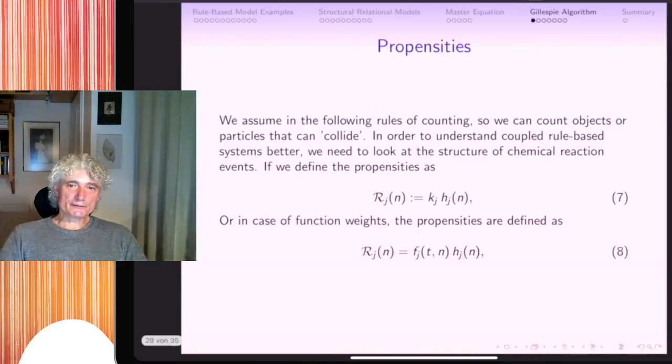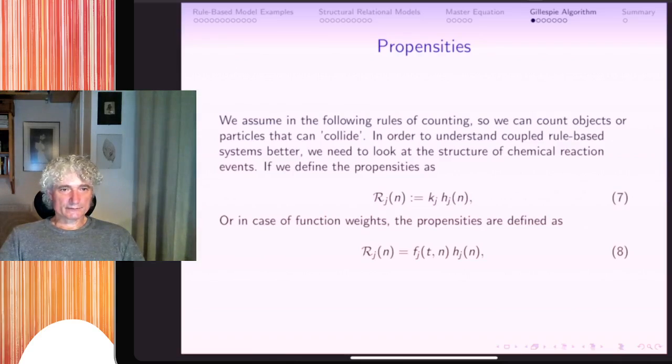We now have to define, of course, the propensities which occur in the master equation. And remember that previously we had two possibilities. One possibility was that we had constant weighted rules.